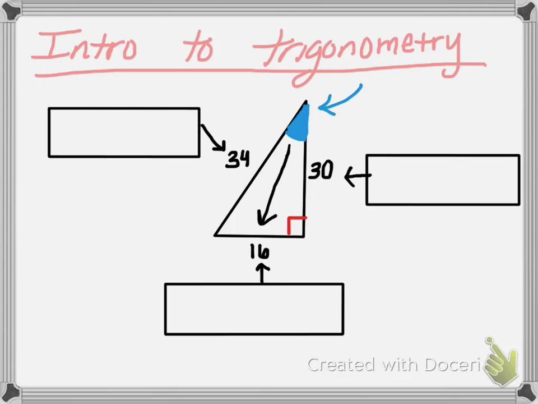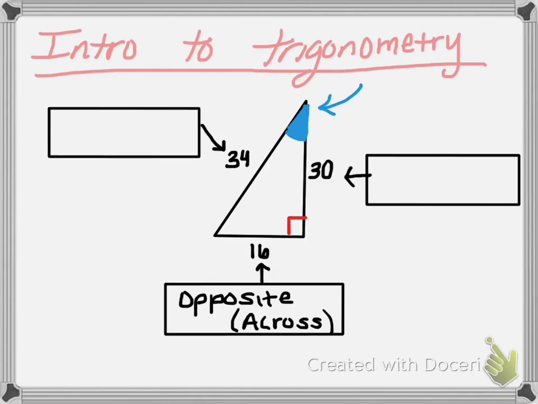I'm just going to go ahead and erase that line that I made there just so that it doesn't get confusing when we write more things down later. But the opposite side to that angle would be side 16, just because it's directly across from that angle. So opposite because it's across from it. So that's our first one that we can identify.